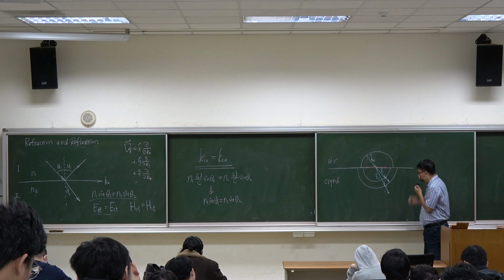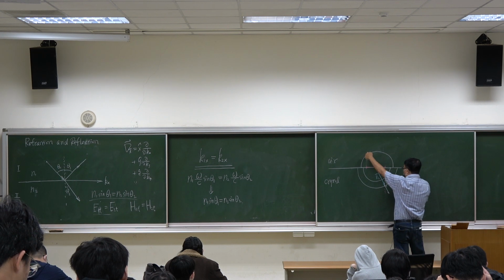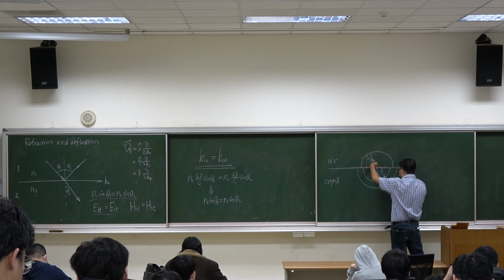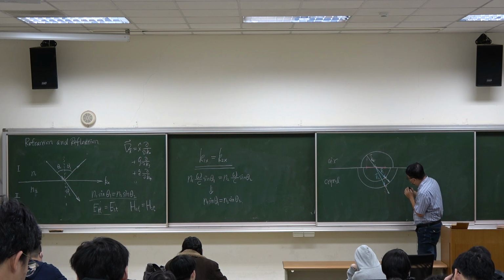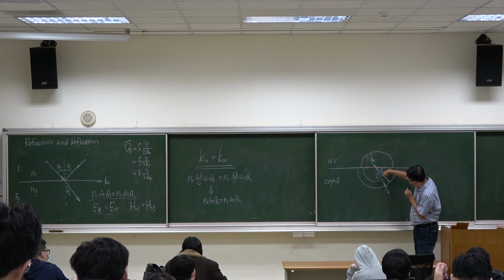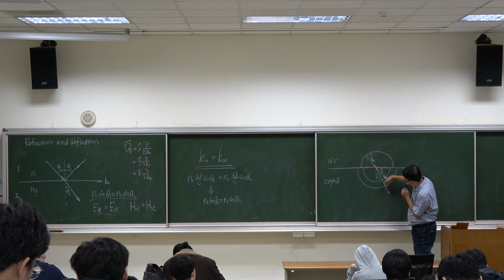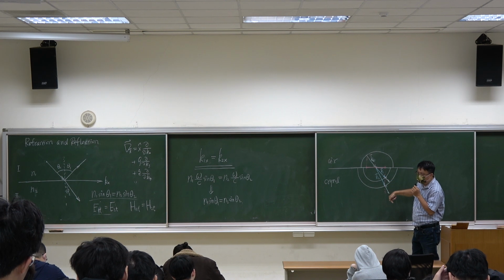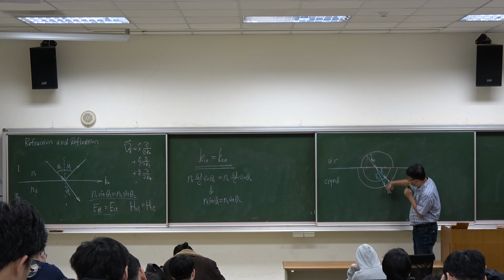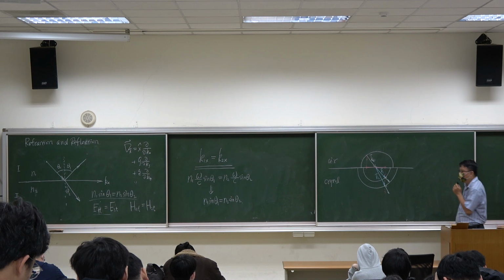So we can predict that for a light beam incident along this direction, we have 2 refracted beams along this and this direction.